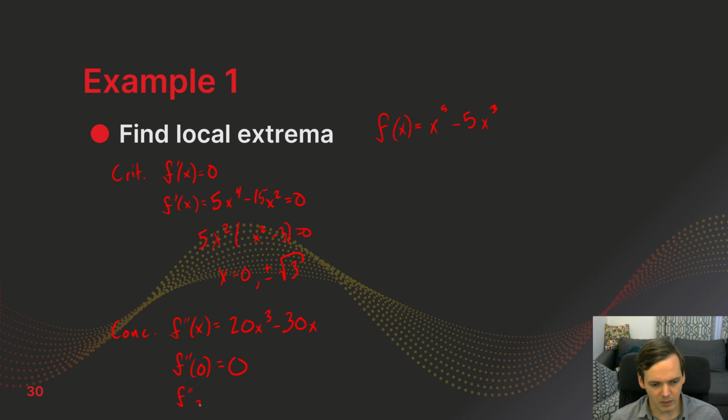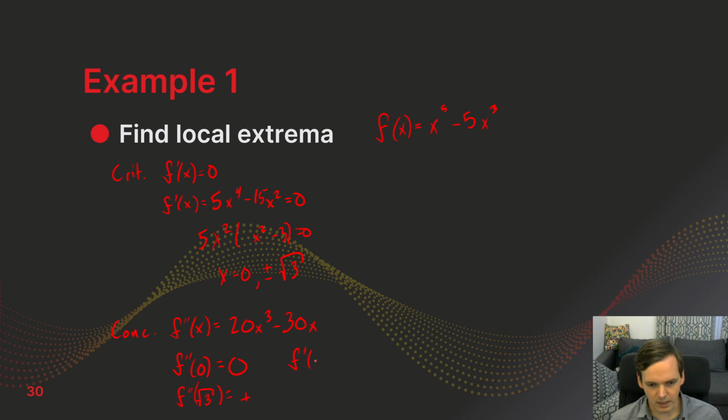f double prime of square root 3 is going to be a positive value, because it'll be negative 30 square root 3 plus 20x cubed, which is going to be bigger, so it'll be positive.